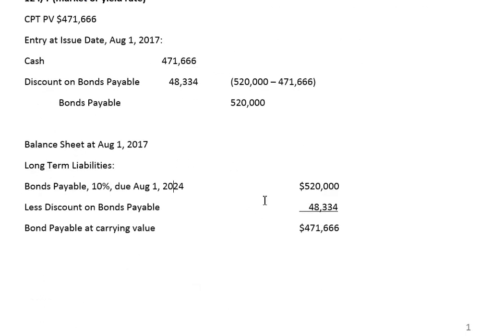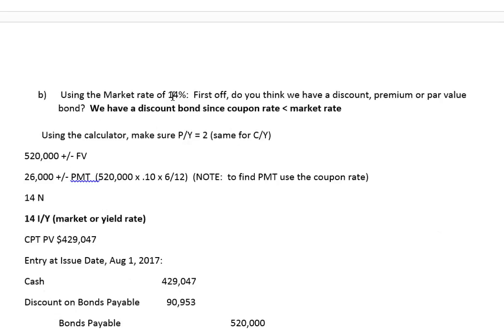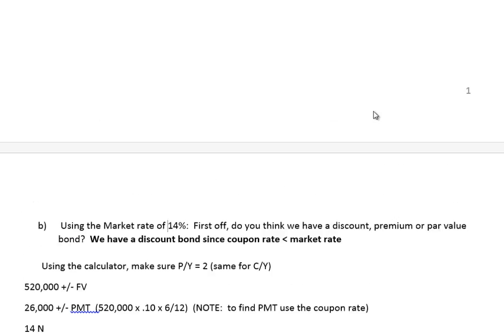So we put the due date and the face value, and then we'll deduct the discount, which we've already calculated as the difference between the face value and the cash proceeds at issue date. So the bond payable at carrying value at the date of issue, August 1st, 2017, is going to be equal to our cash proceeds, which is $471,666.